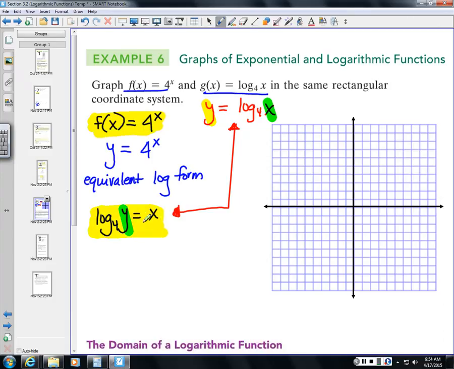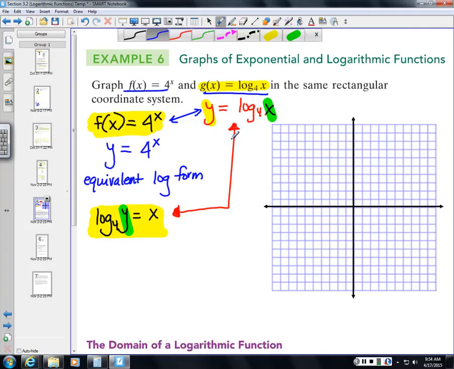That would be the same exact thing. However, I'm going to graph this. It's an inverse. Okay, I've swapped. So that's why whatever we get here for this 4 to the x, it's going to be an inverse of that log, and that's why we can graph them as inverses. We're not graphing the equivalent of 4 to the x, we're graphing its inverse. So really important to study that and look at the difference here.